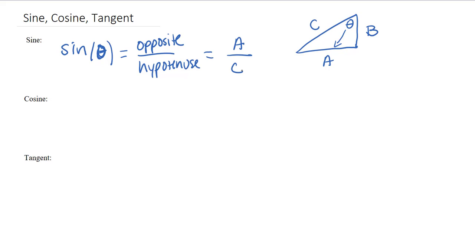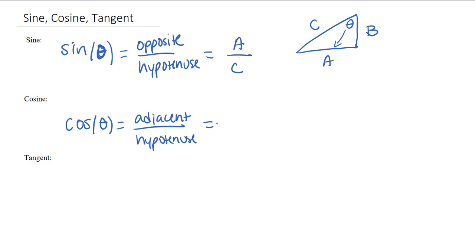Then for cosine, it's shortened to COS, theta. So now this is the adjacent side over the hypotenuse. Now this is also a ratio, right? And this one is what's adjacent to this theta.